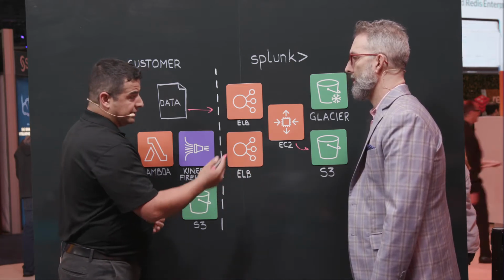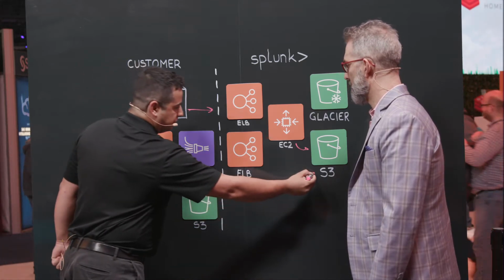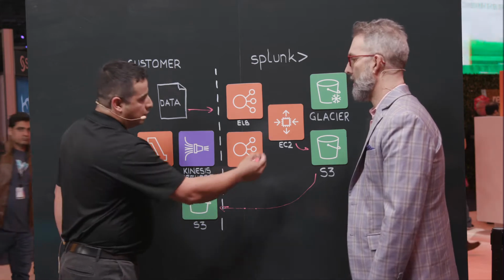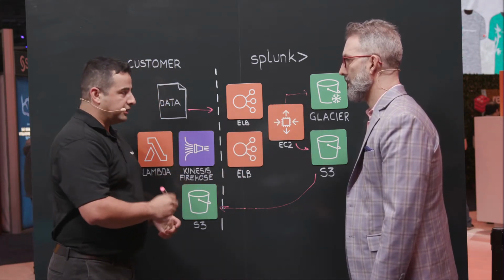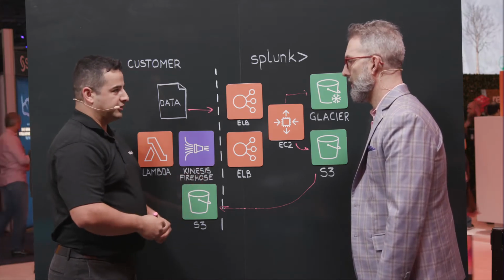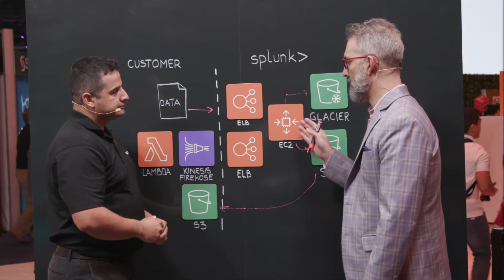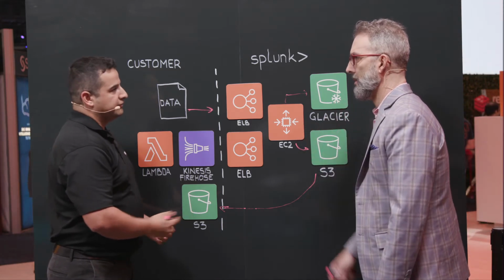And the other good thing is that it enables our new feature, dynamic data self-storage, which allows customers to export their data directly to an S3 bucket in their account, or leverage this capability of archiving data in Glacier on AWS in Splunk. So how do you decide what data is stored on EC2 and what gets pushed to S3 or to Glacier? Very good question.